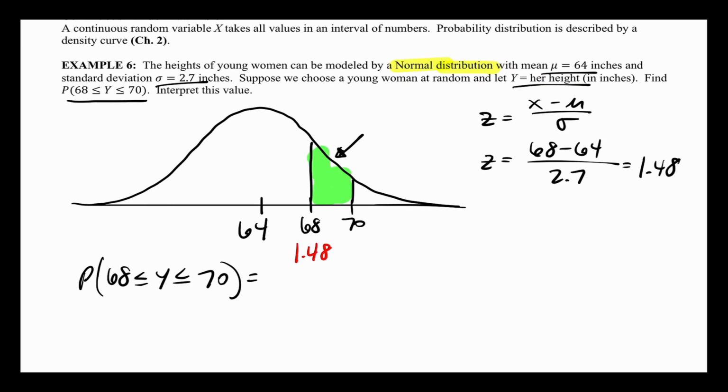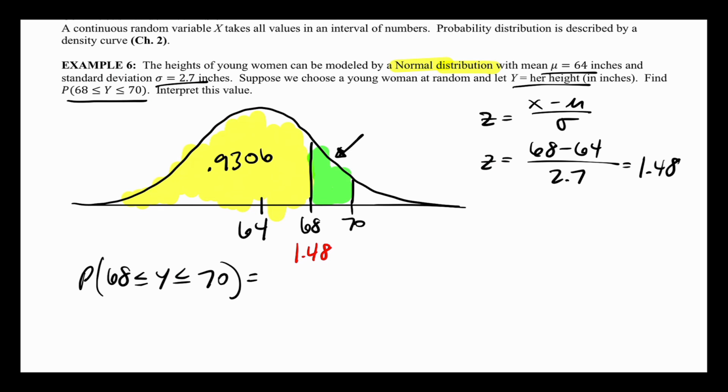Okay. So is that my answer? No. That is the yellow area, 0.9306. It's not quite what I want. I want the green.